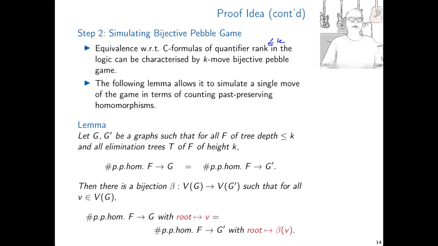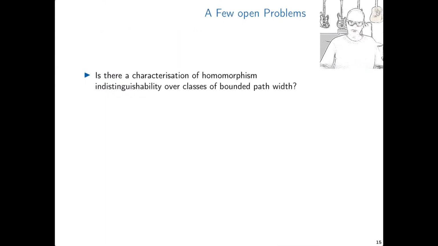That essentially allows us then to simulate one move of the pebble game, and we can use this to prove the theorem. And I'll stop here with a few open problems.